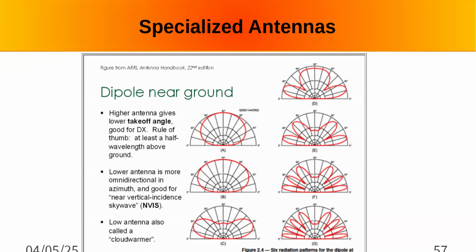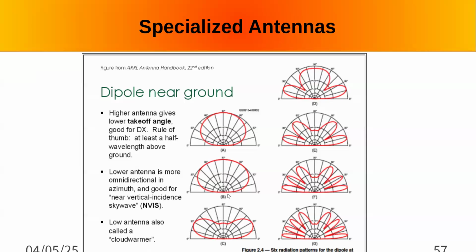So if I have a dipole near the ground, these are just showing how the pattern varies. I guess this top one here, A, must be the lowest.